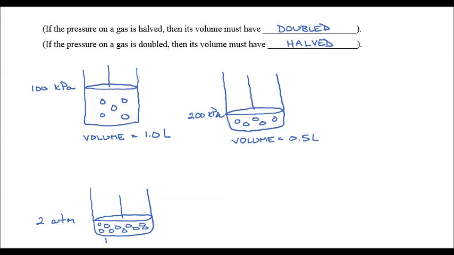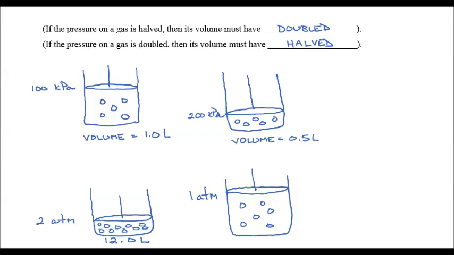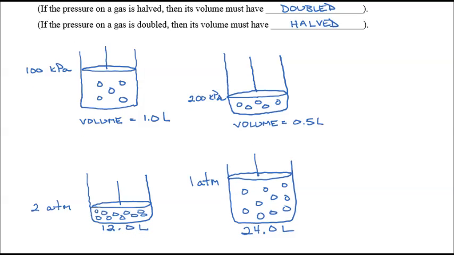If those particles occupy a volume of 12.0 liters, and then we increase the volume by reducing the pressure to 1 atmosphere, then those 10 particles will occupy a volume of 24.0 liters.